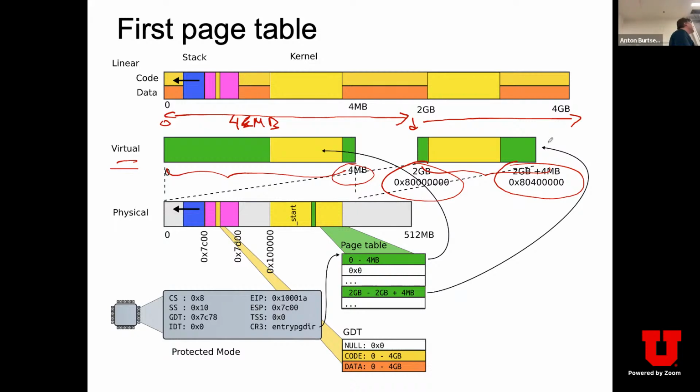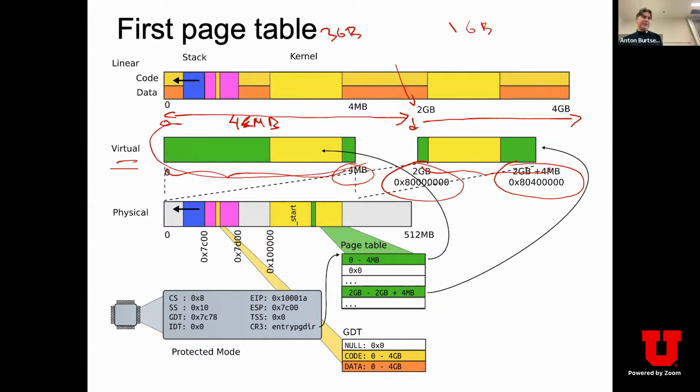Again, it's mostly a design choice. On Linux, you can split it into 3 gigabytes for the user and 1 gigabyte for the kernel. But what you care about right now is that if you want to enable paging, you need to make sure that you can run the kernel.